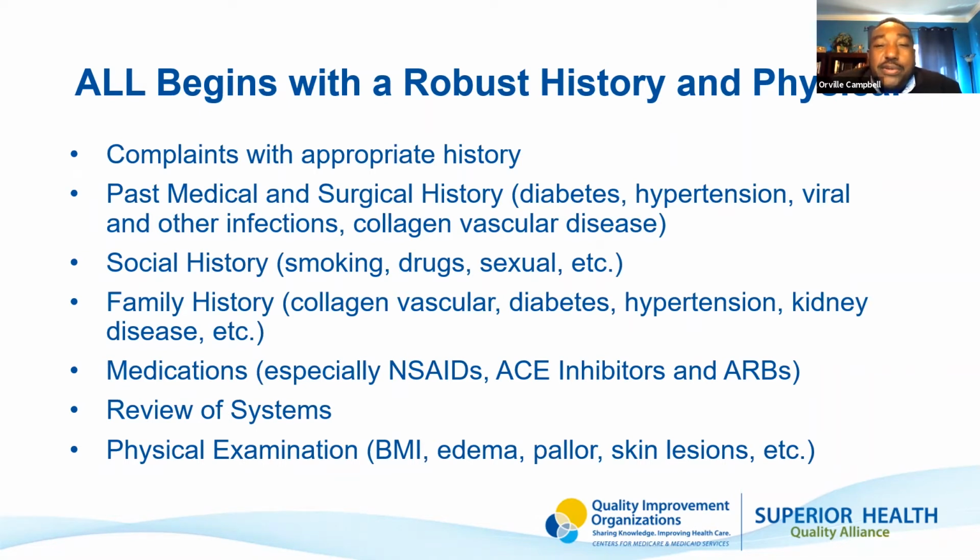ACE inhibitors, angiotensin converting enzyme inhibitors, or angiotensin receptor blockers, those are known to lower the pressure within the filtering mechanism of the kidneys and thus decrease the estimated GFR.